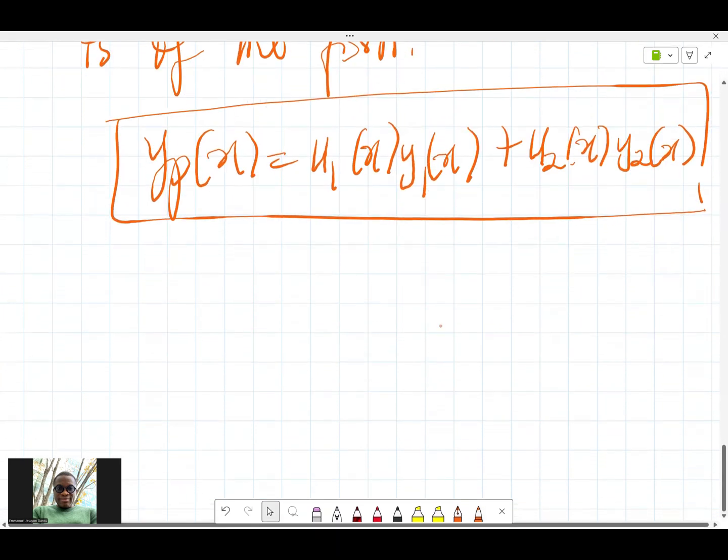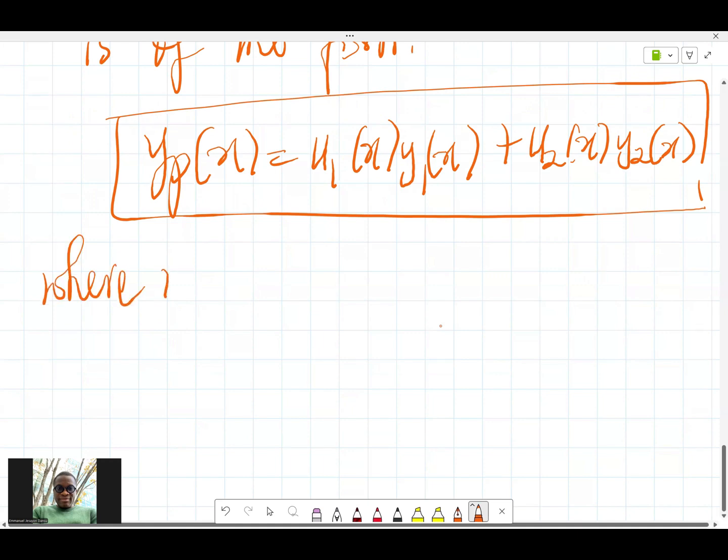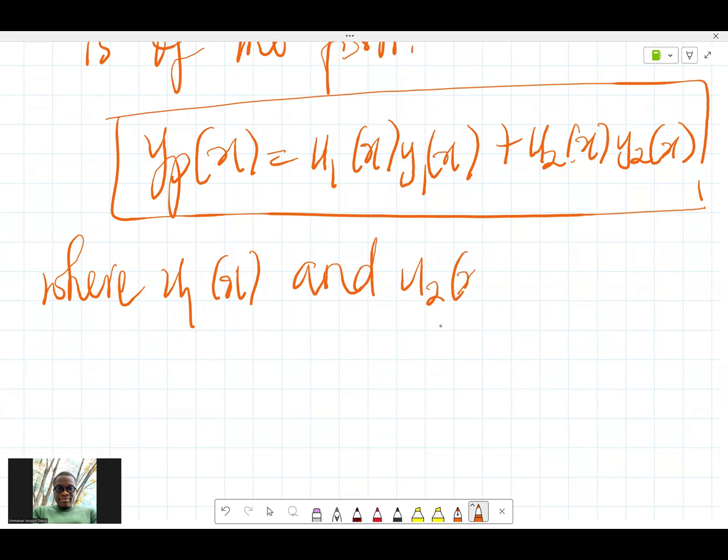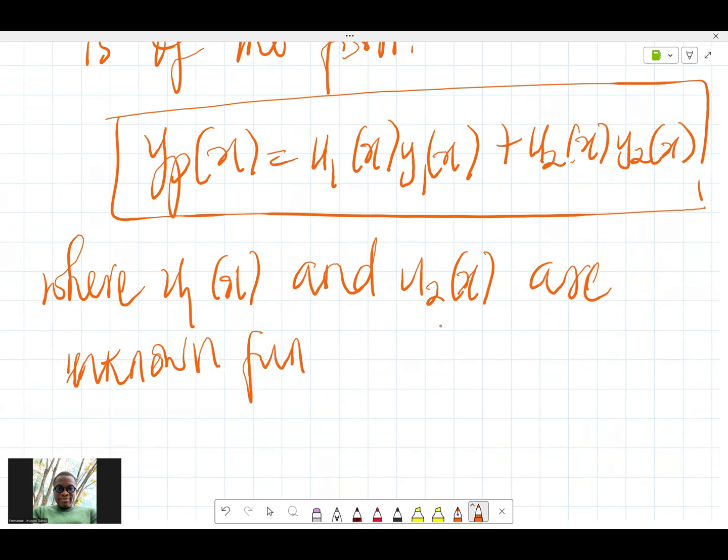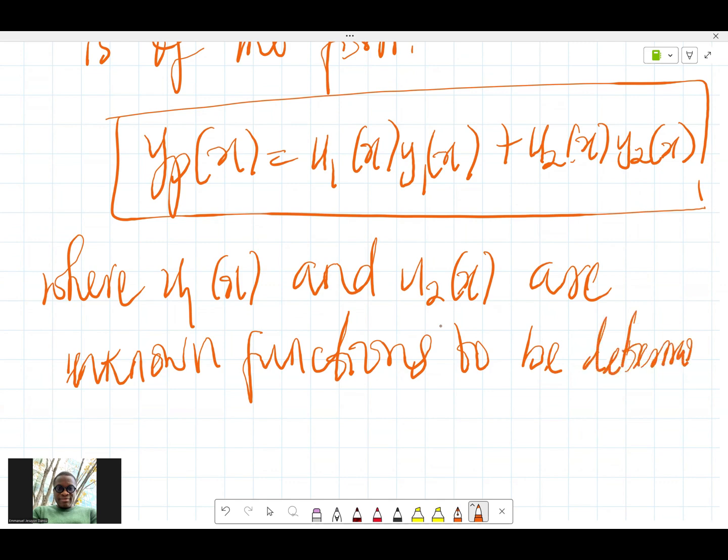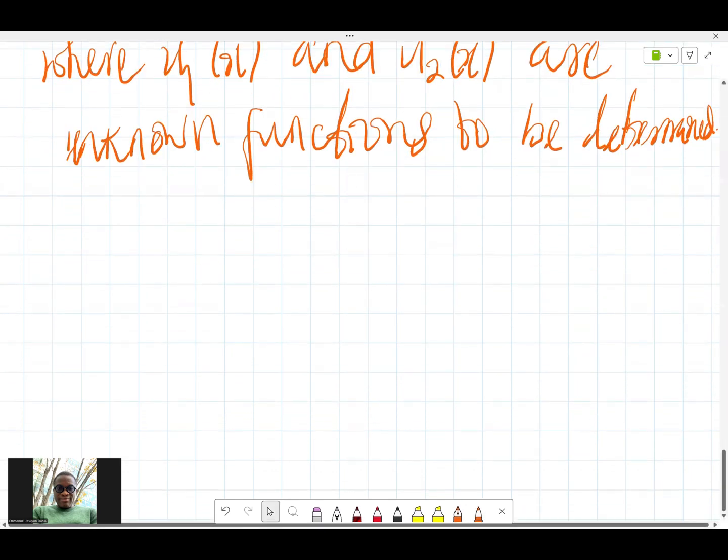So this is what you assume your particular solution to be, where u1 of x and u2 of x are unknown functions to be determined. The determination of those functions is what is going to give us the particular solution in this situation.